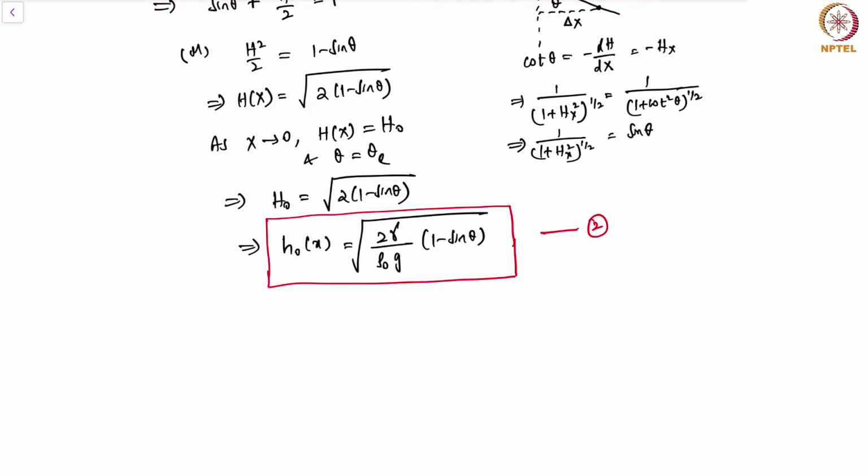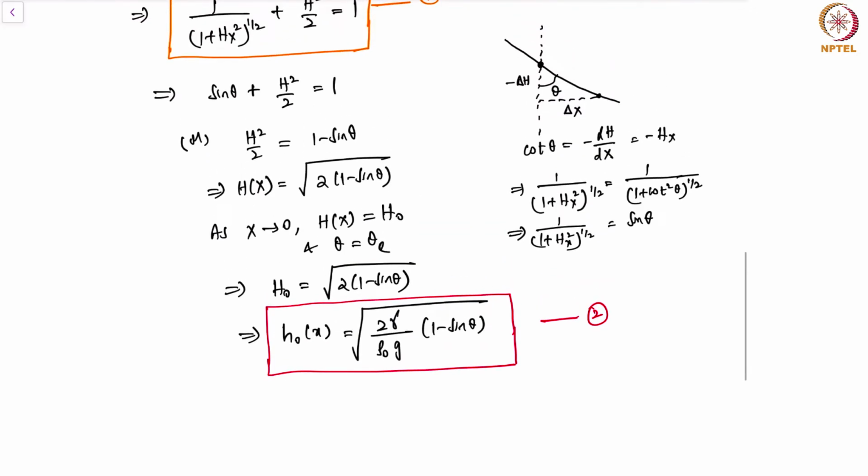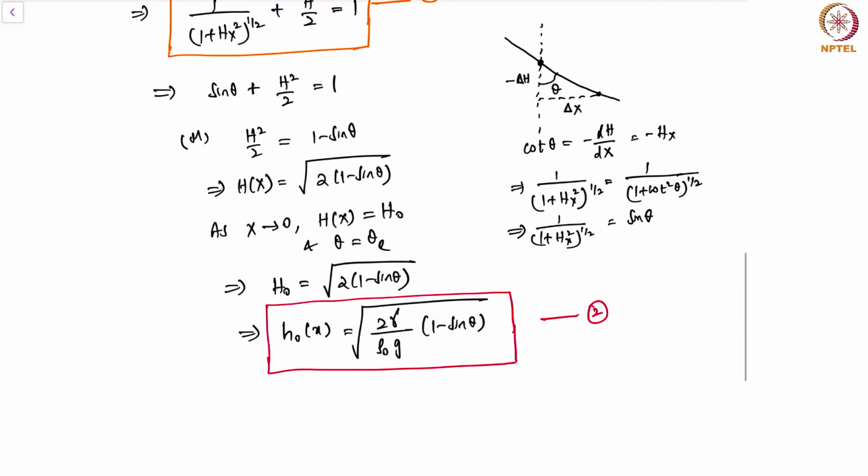But we can also do one more thing, which is to directly integrate this equation. By the way, this is not h naught of x, a small correction here. This is h naught at x equal to 0. So there's also one more important thing to understand.